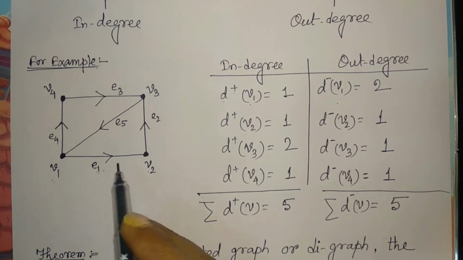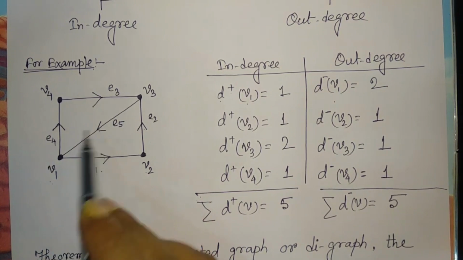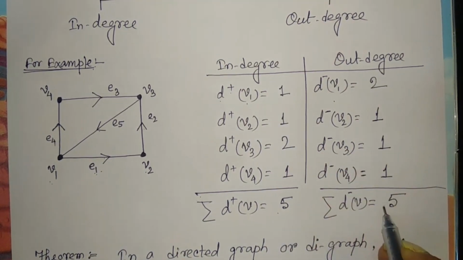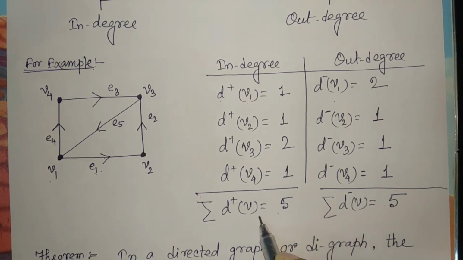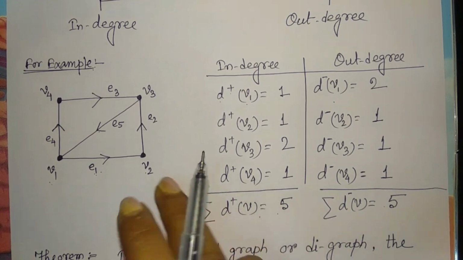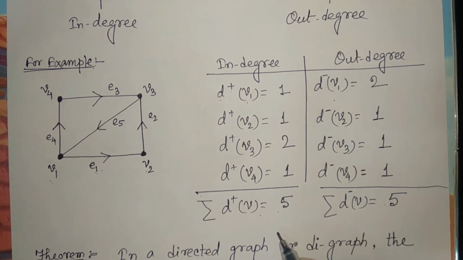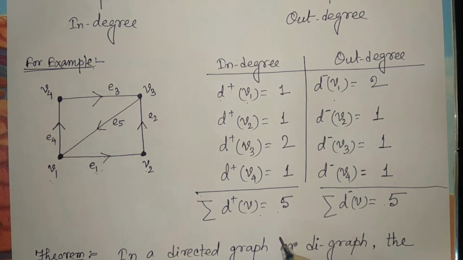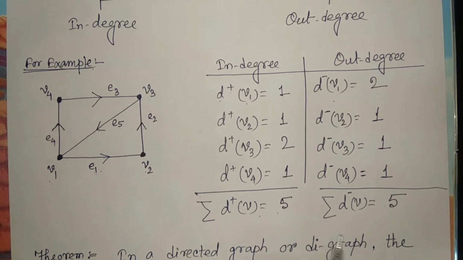So this 5 is the total number of edges. Look at the graph: the total number of edges are 1, 2, 3, 4 and 5. So the total in degree and out degree are both the same, and this count is exactly equal to the number of edges. It is very obvious, because in a directed graph one edge contributes 1 in degree and 1 out degree.